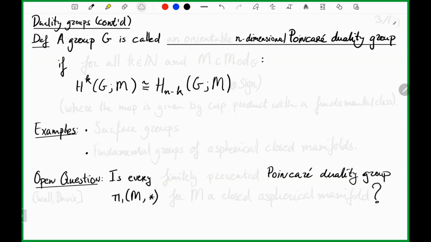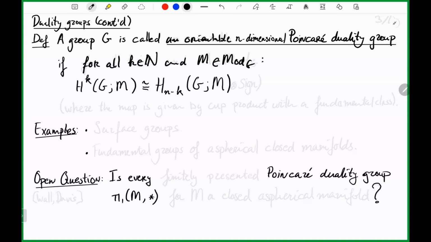And to kind of ease you into it, I'll first tell you what a Poincaré duality group is. So a group G is called an orientable n-dimensional Poincaré duality group if for all k in N and choices of coefficient modules M, we have that the cohomology of the group with coefficients in the module is related to the homology with coefficients in that module in degree n minus k.